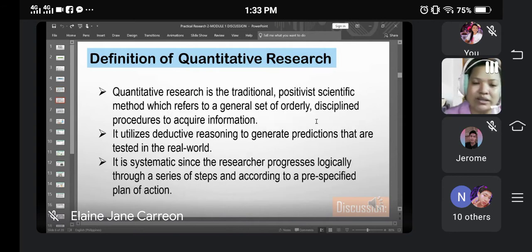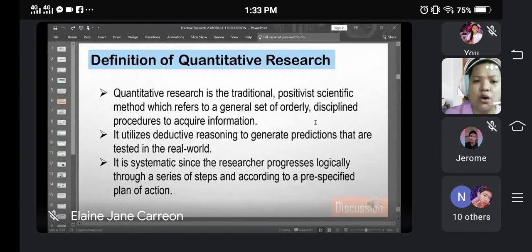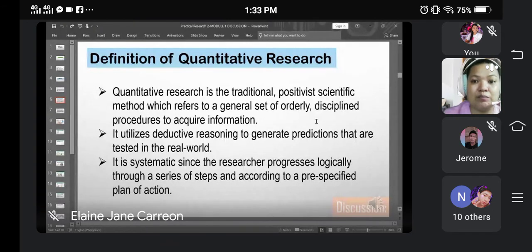Next, quantitative research is the traditional positivist scientific method which refers to a general set of ordered, disciplined procedures to acquire information. It utilizes deductive reasoning to generate predictions that are tested in the real world. It is systematic since the researcher progresses logically through a series of steps and according to a pre-specified plan of action.